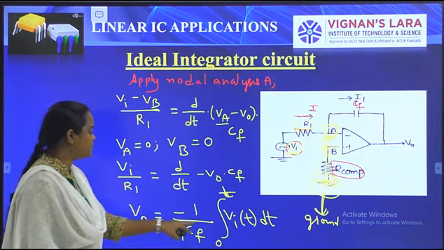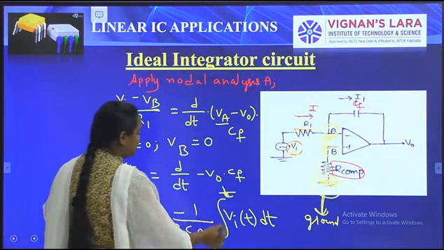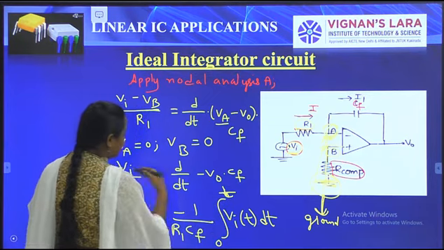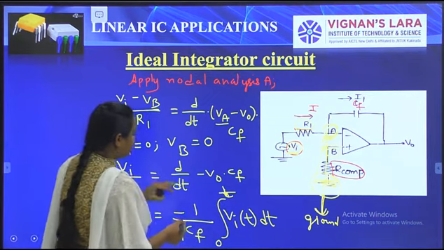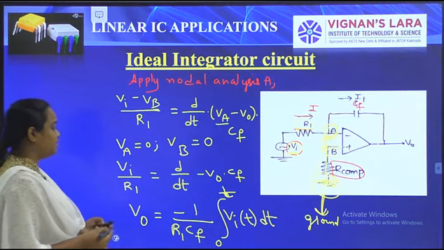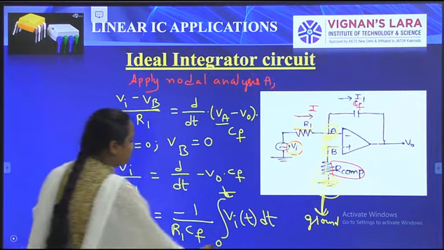R1 CF is a constant here, and the derivative becomes the integral with limits 0 to t. This is the output from the network.